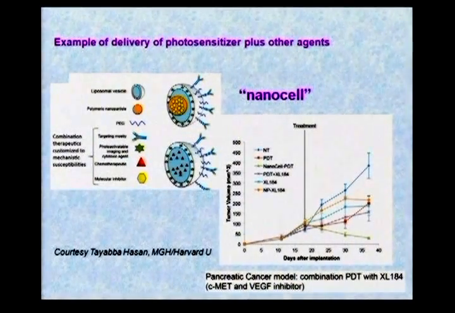Here's an example from Tayyaba Hasan's lab, where they've gone one step further, and they've combined a liposomal delivery of the photosensitizer, which here I guess is these star-shaped objects in the shell, with another active agent. So they've put in a chemotherapeutic agent in here as well, so you're delivering both the sensitizer and the chemotherapeutic agent, and they get much better tumor response than either the chemotherapy or the PDT alone.